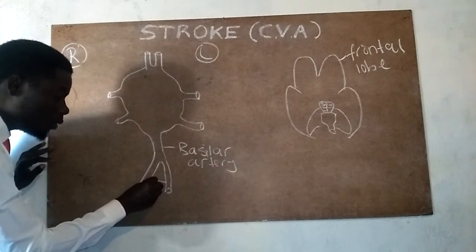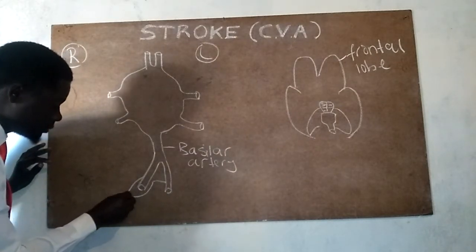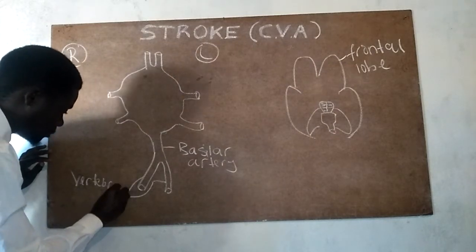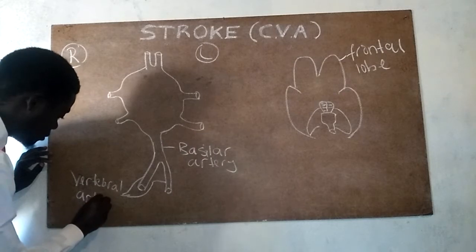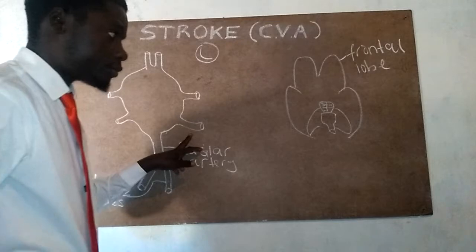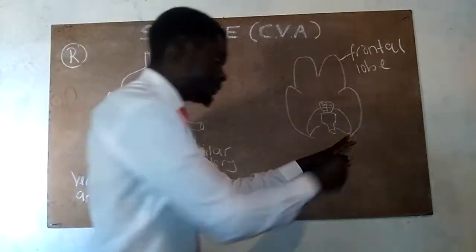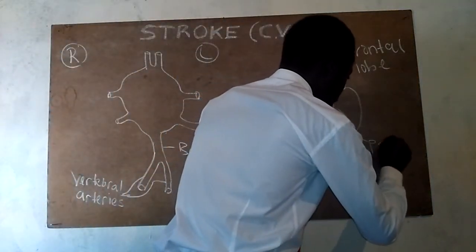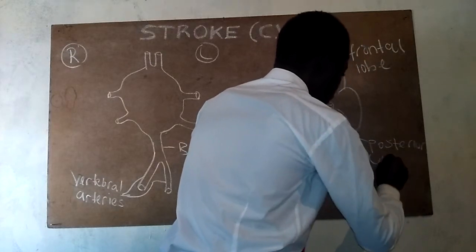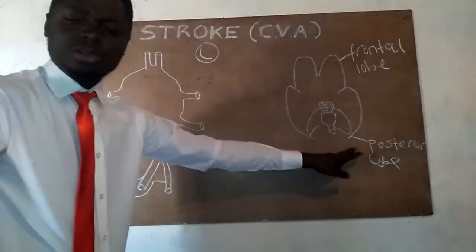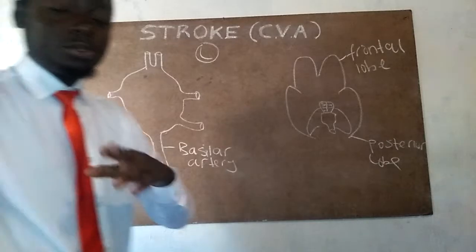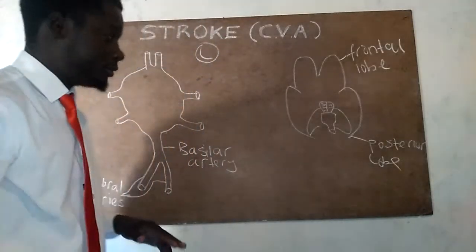Together they are called the vertebral arteries. And this is the posterior part of the brain, so it's called the posterior artery because it's going to supply the posterior part of the brain with the blood.